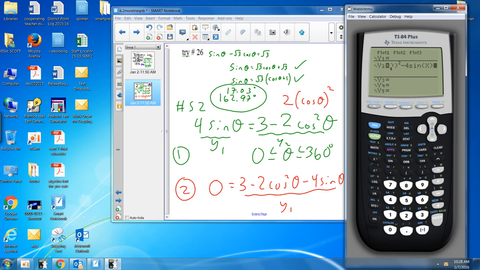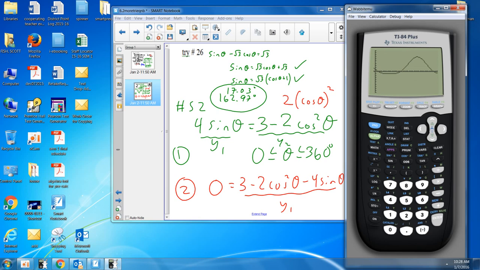And now I want to find out where this equation, your y sub 2, intersects with the x-axis, because that's where your y is equal to 0. So to find this, I'm going to again graph it. And again, my question is, where is it crossing the x-axis?